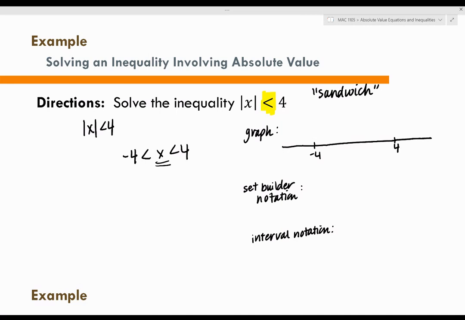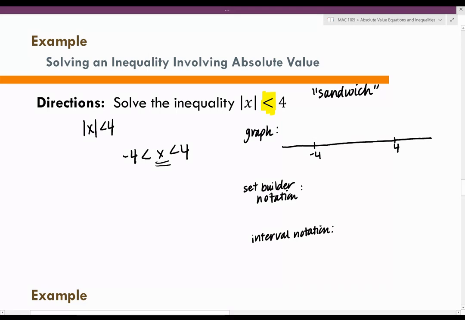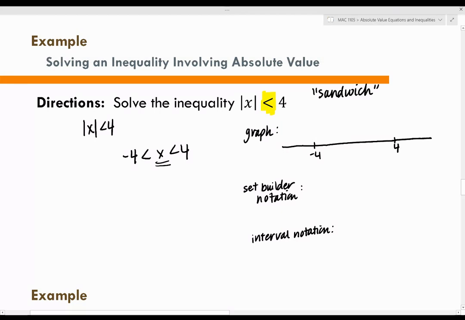Now, because of my inequality symbols, which in this problem are less than: anytime you have less than or greater than symbols, when you are translating that to a graph, you are going to write open circles where they occur, or you're going to write parentheses.